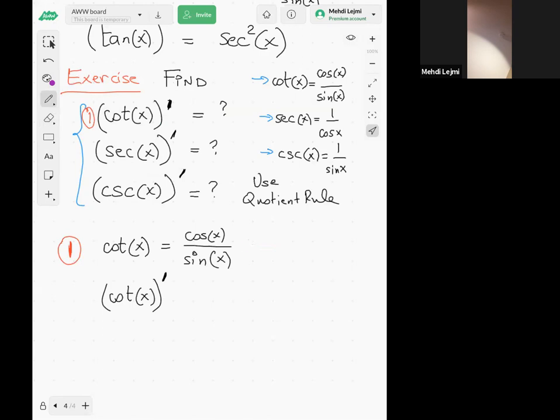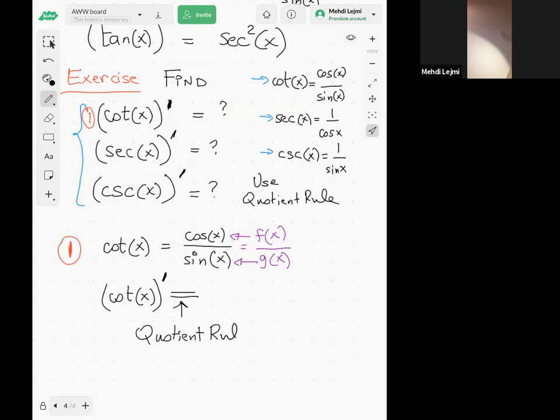So this is like f of x over g of x, right? My f is cosine and my g is sine, and I want to compute the derivative of f over g. So of course, we have to use the quotient rule. It's f over g, so quotient rule.